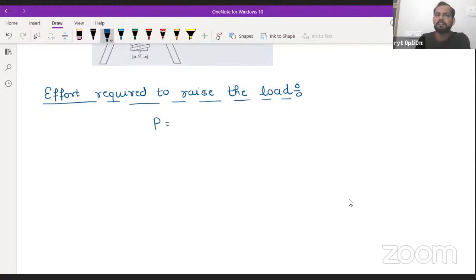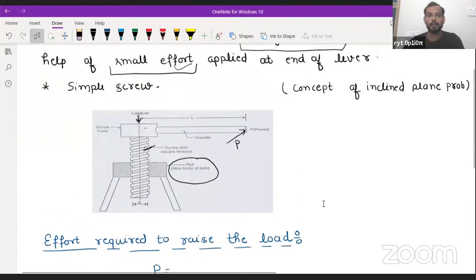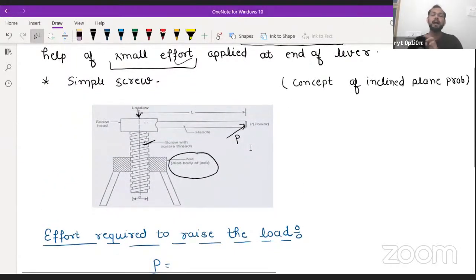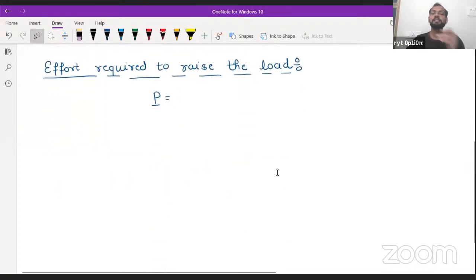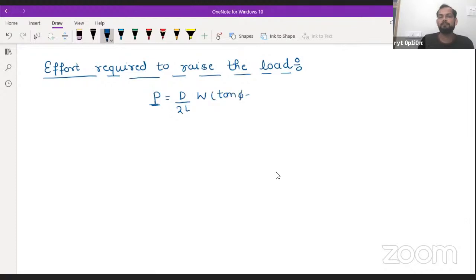So what is the expression? P always denotes the effort, applied at the end of the lever. P is the effort required at the end of lever, acting at a distance of L. Now it is equal to D divided by 2L into W tan(phi plus alpha).